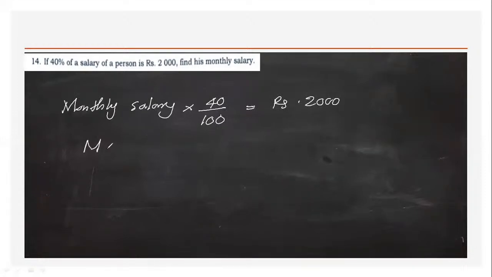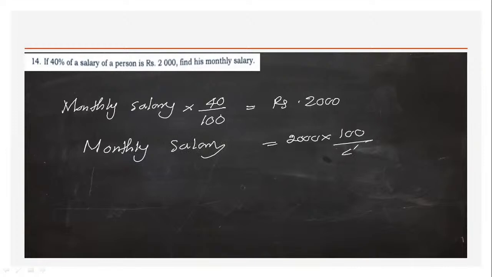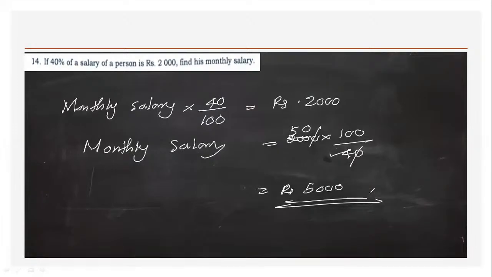Then how much is the monthly salary? Bring this to the other side: 2,000 multiplied by 100 over 40. Cancel it. Then 50 into 100. His monthly salary is 5,000 rupees.